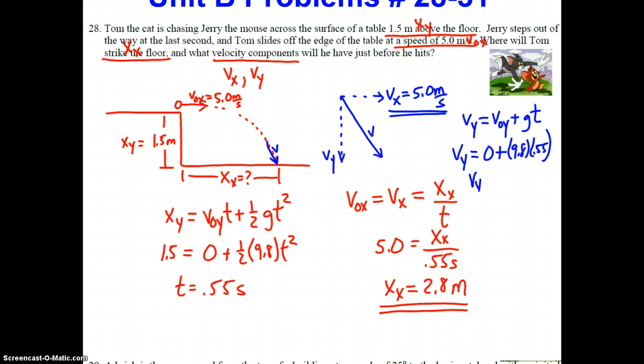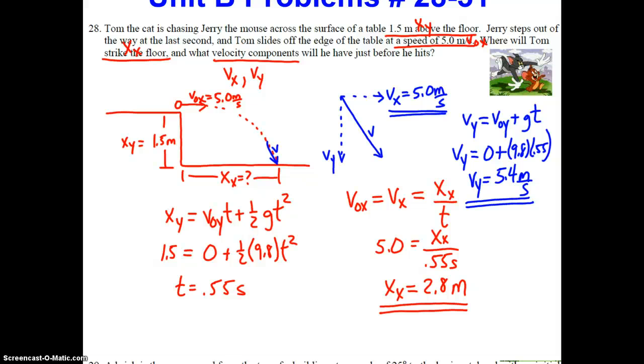You should use a non-sig value of that time. And when you do the calculation, we get 5.4 meters per second. So the horizontal component of the final velocity at impact is 5 meters per second, and the vertical component of that final velocity at impact is 5.4 meters per second.